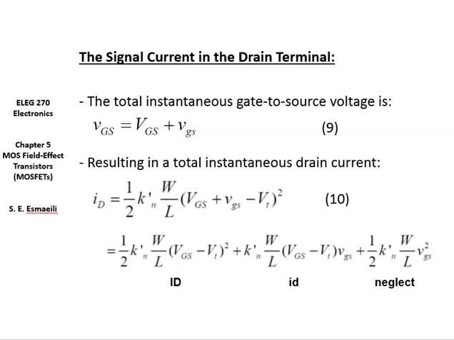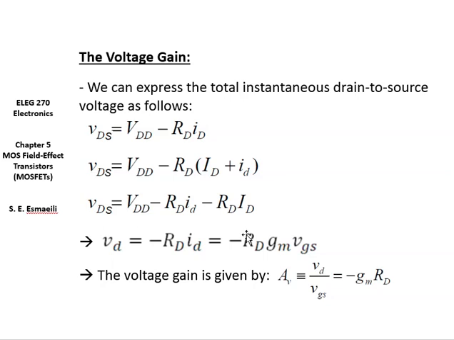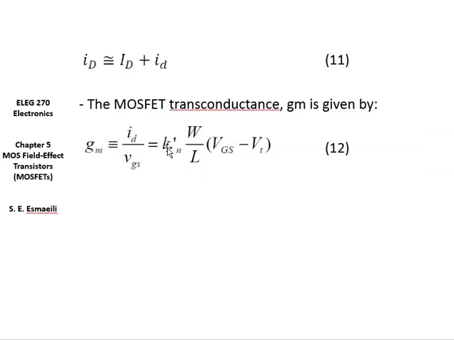After you did the DC analysis here and you found the ID, the current in the drain, you find the GM. So how do you find GM? GM is found simply using this formula: K prime N, W over L, VGS minus VT. W is the width, L is the length. So these also usually are given to you.